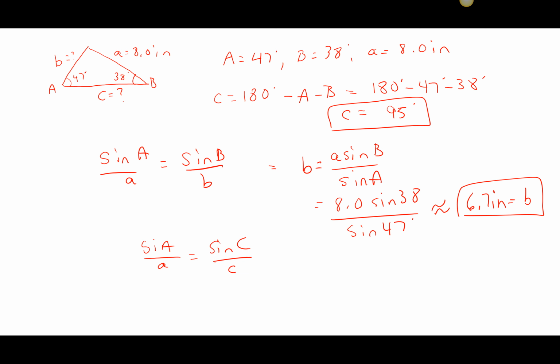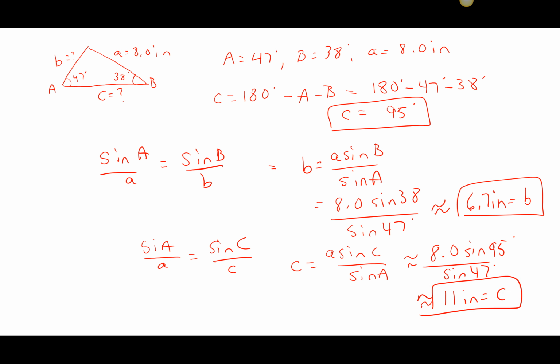So when you put that together, you get little c equals a sine C over sine A. That is going to equal 8 sine 95 degrees divided by sine 47 degrees, and that's 11 inches equals little c. And that's how you do that one. So that's the law of sines.